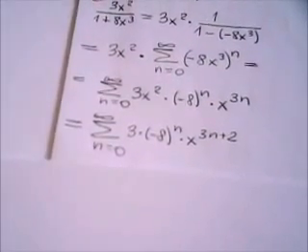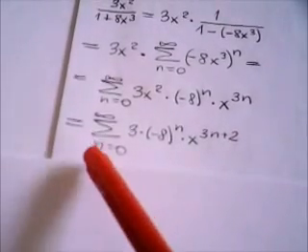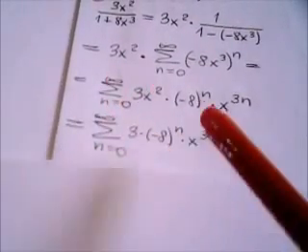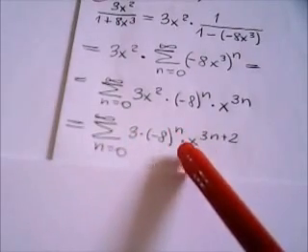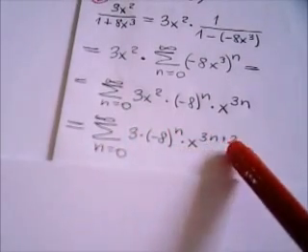And finally, I have the summation from n equals 0 to infinity 3 times minus 8 to the power n times x to the power 3n plus 2.